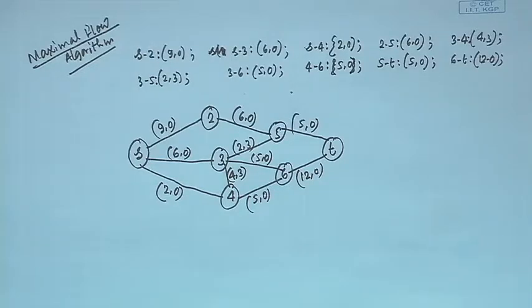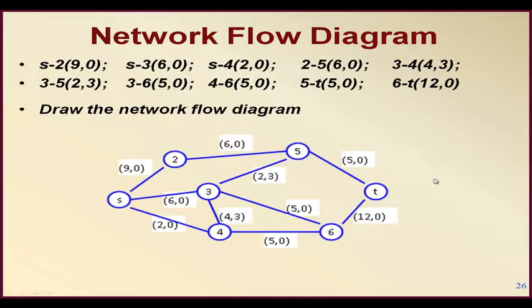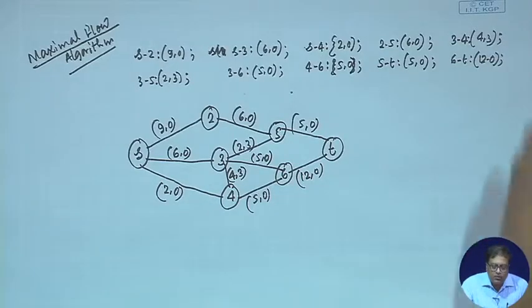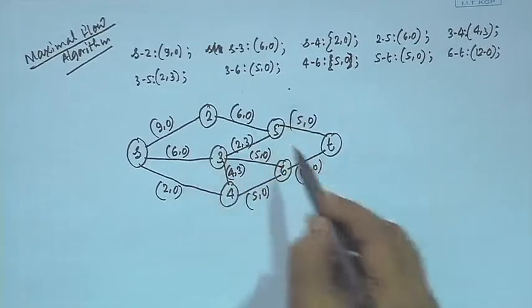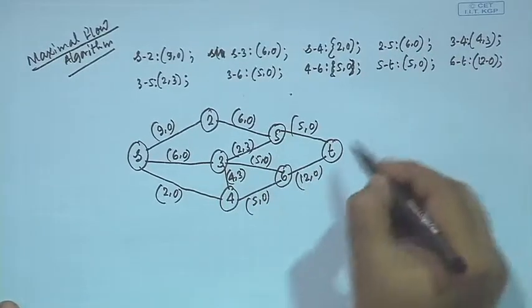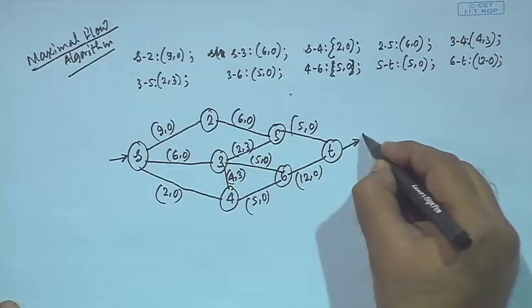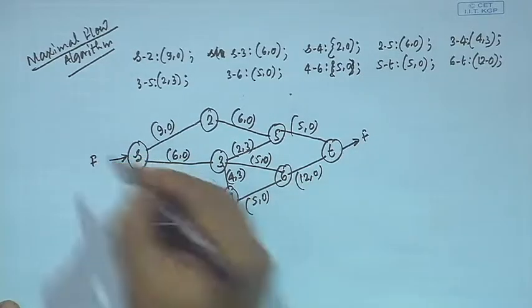To check this network, let us look at this diagram. More or less we have drawn the same diagram. Now, the question is, if this is the network diagram, the flow is coming in at the source and flow is going out at the sink.